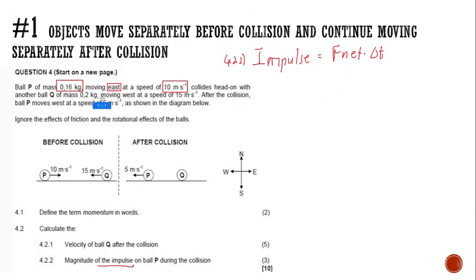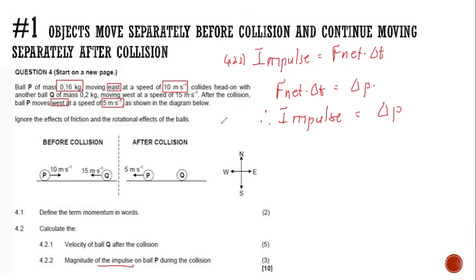Now, obviously, worry not, because now we do know about the impulse momentum theorem. The impulse momentum theorem states that the impulse can be equated to the change in momentum. So in other words, in conclusion here, we can also calculate the impulse simply just by calculating the change in momentum.